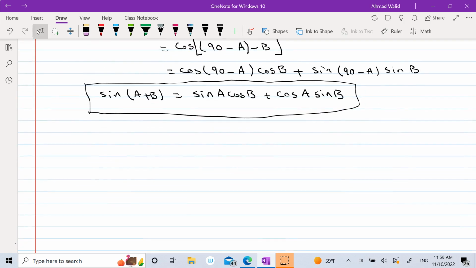Same way, you can go for sine of a minus b. You can do the same proof. I'm not going to do the proof for you. I'll just write it down for you. Sine of a minus b equals sine a cosine b, minus cosine a sine b.